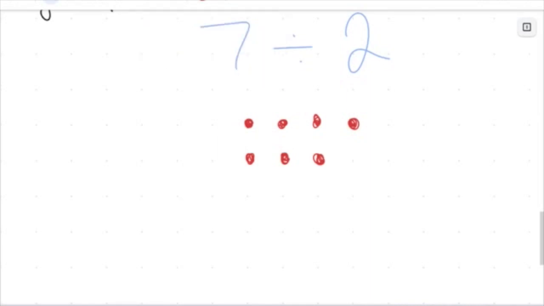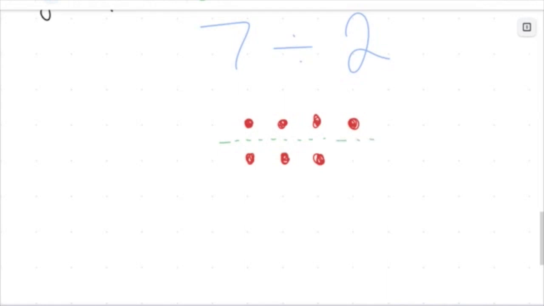But what I'm going to do to approach it is still start to split this number 7 into 2 groups. I can see here that I've got 4 on the top, 3 on the bottom. Why don't I just draw a line through here, separating top from bottom?